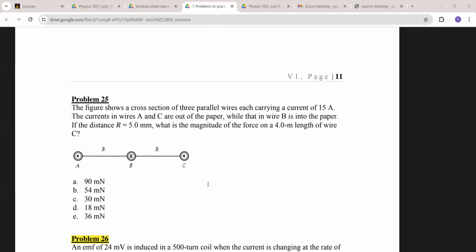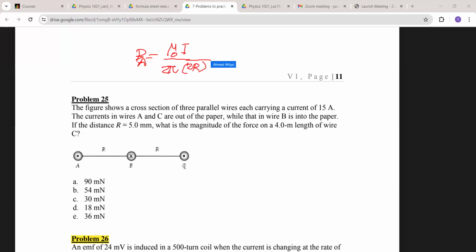The figure shows cross-section. So I have B of A equals mu naught I over 2 pi multiplied by 2R.